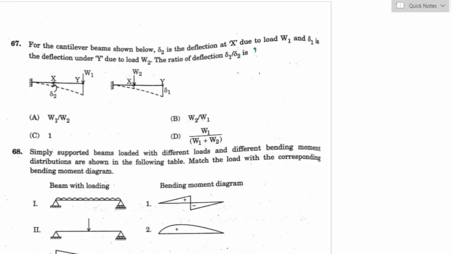So the ratio of deflection delta 1 to delta 2 is, according to Betti's theorem, the virtual work done by W1 at point Y is W1 into deflection delta 1, which is equal to the virtual work done by W2 at point X with deflection delta 2. So we have to find the ratio delta 1 by delta 2. So delta 1 divided by delta 2 is equal to W2 divided by W1. So the right answer is option B.